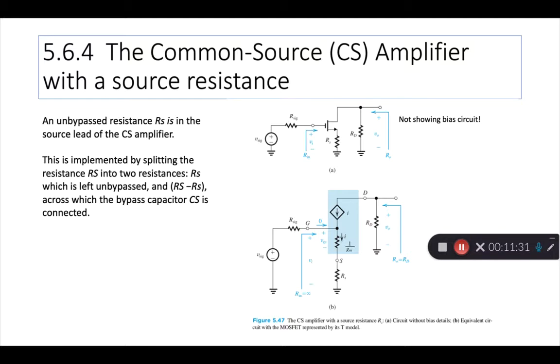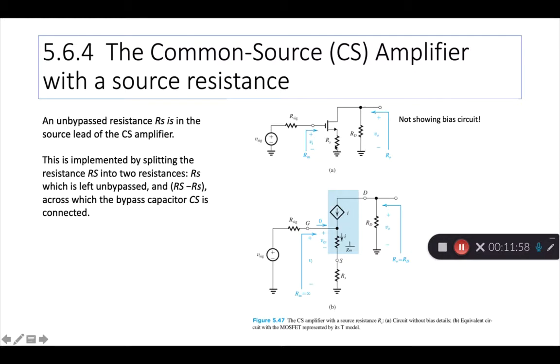But for bias design, you can consider the whole of the resistance value, both the unbypassed and the bypassed. So that's one way. Sometimes the RS is split into two portions.